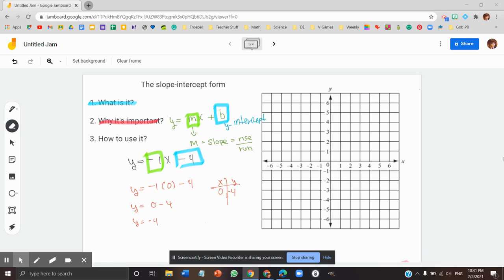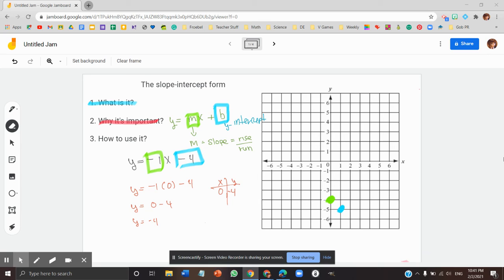And again, my intercept is in my negative. It's in my -4. It's right there. My slope, I told you that it was going to go down once and once to my right. So it's going to be right there. And my x is 0, right? We have to put it as an input.